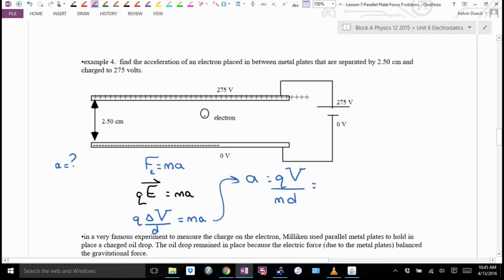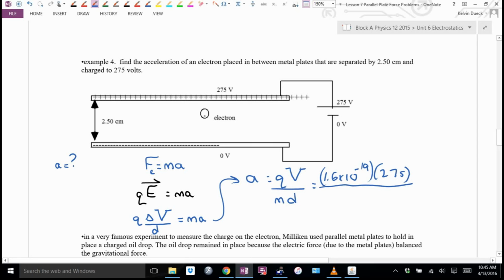What's the charge? I would say it's an electron. And I don't think I'm going to put the negative in here. Acceleration is a vector, and I figured out the direction anyways. So 1.6 times 10 to the negative 19. What's the voltage that it's traveling through? 275 volts. Mass of an electron.